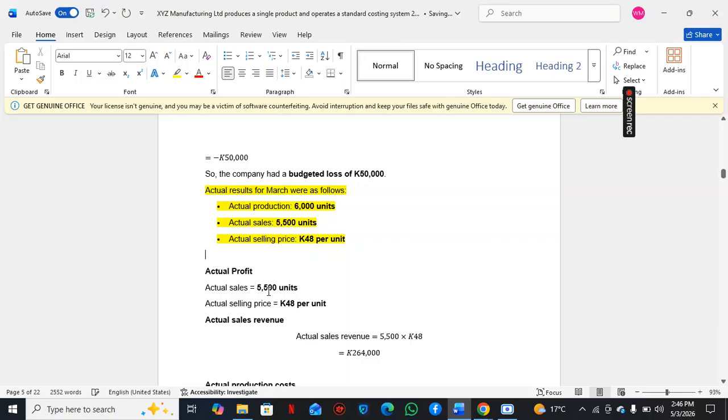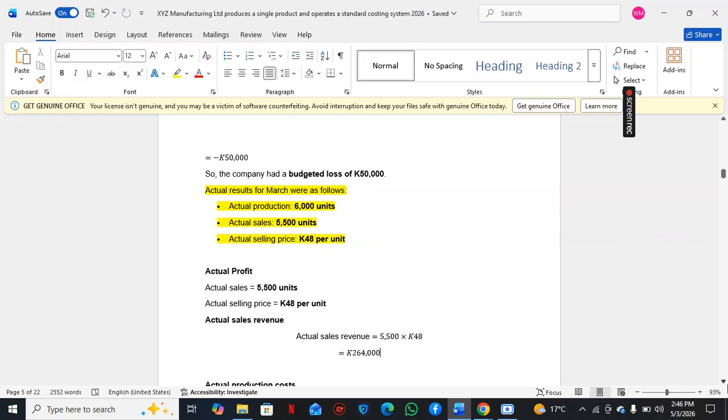So actual sales, 5,500 units. Actual selling price, 48 kwacha per unit. Remember, sales revenue is the quantity times the selling price. So 5,500 units multiplied by 48 kwacha per unit gives 264,000 kwacha. That is our actual sales revenue.